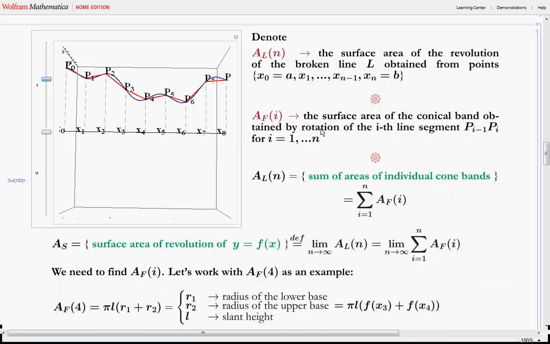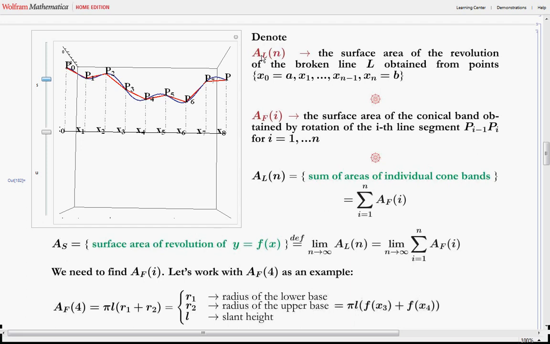Let's formalize the ideas from the last two slides. This will allow us to derive a general formula for the area of the surface of revolution of a given function f. We have already defined A sub s as the area of the surface of revolution of f.